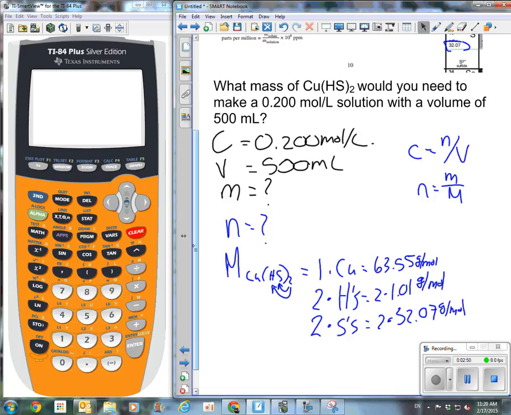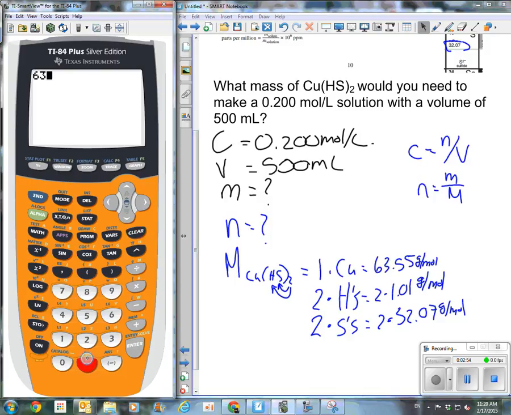So let's put this all in our calculator. We've got 63.55 plus 2 times 1.01 plus 2 times 32.07.